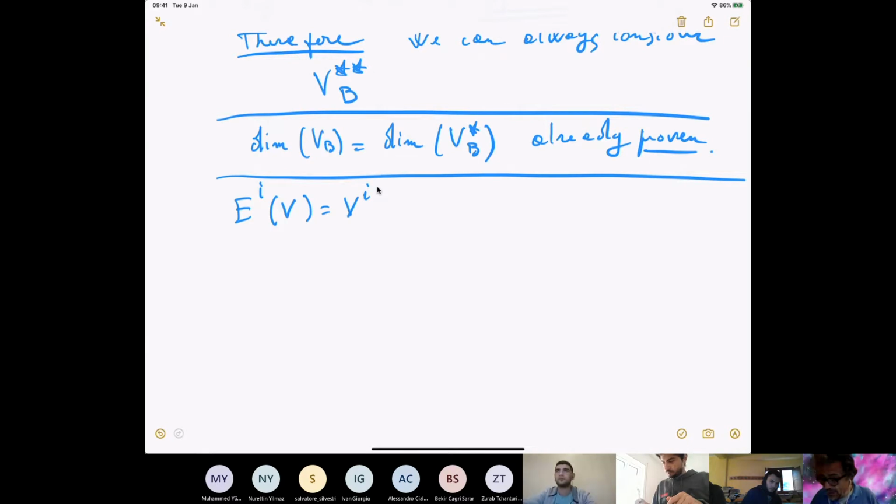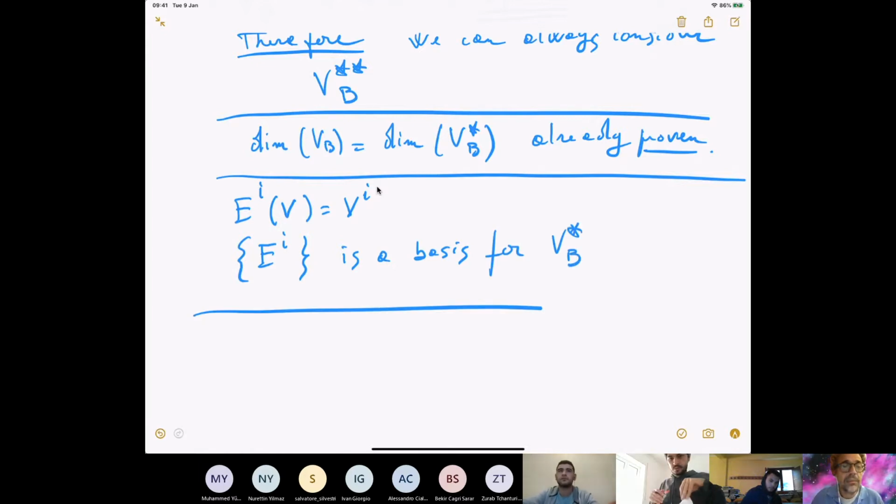And we have proven that E upper I is a basis for V star B. Okay. So having proven this, we have proven that the dimension of VB is equal to the dimension of V star B. Okay.